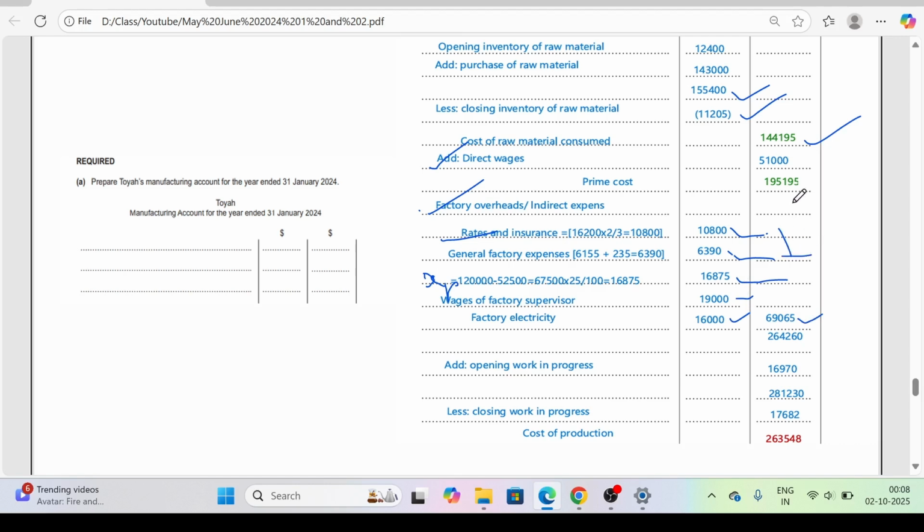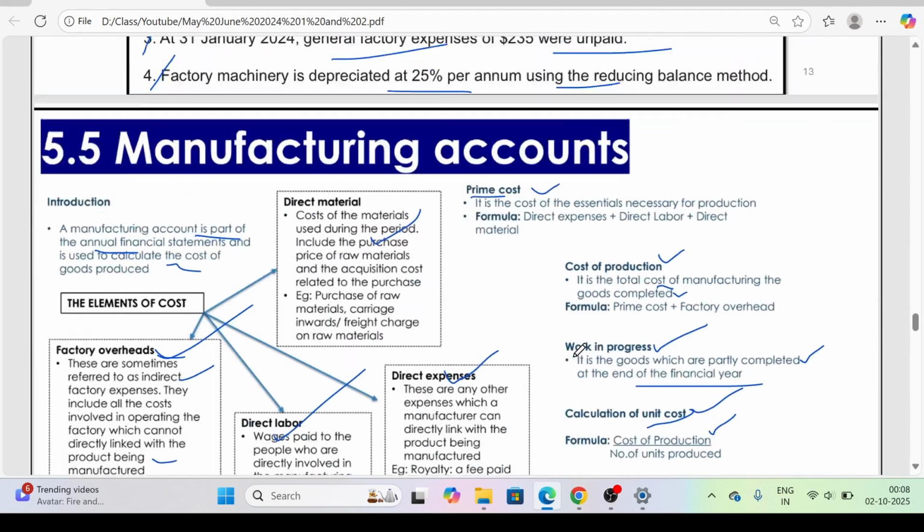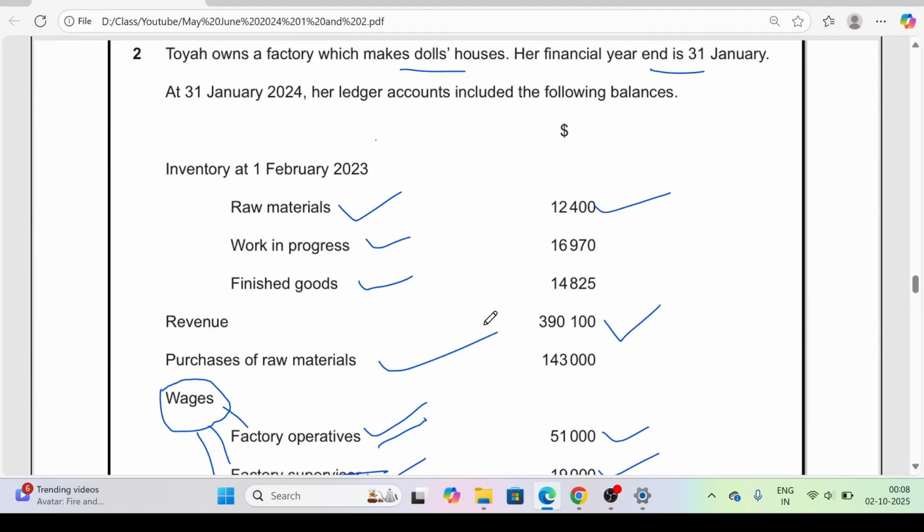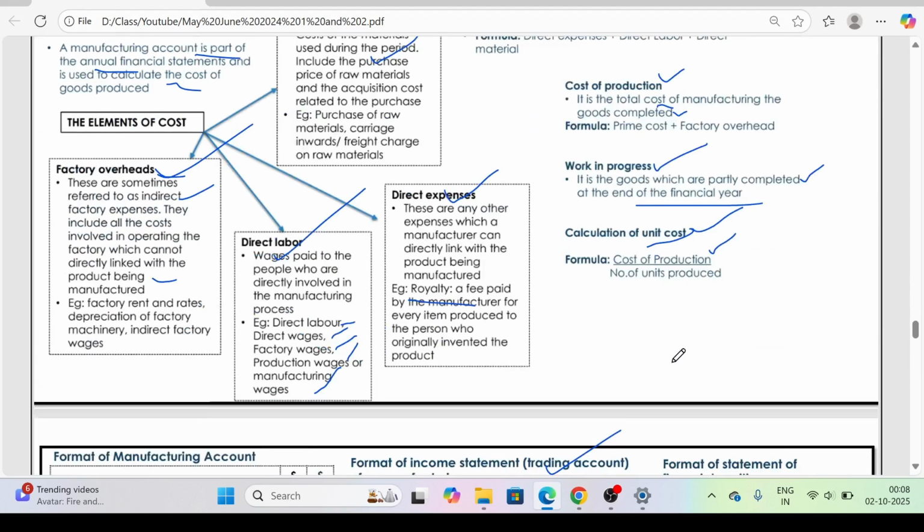Then prime cost plus your total factory overhead expenses, you will get the answer 264,260. Then for that we have to add opening work in progress. See, where will we get opening work in progress? In the question itself, at the starting. This one is the opening, 1st February 2023, 16,970.